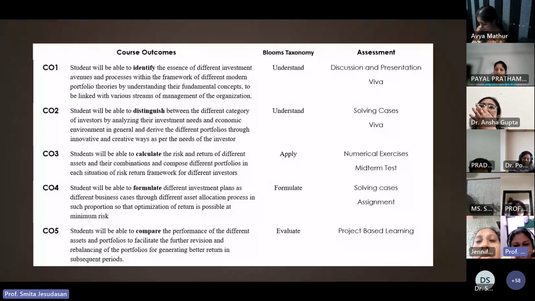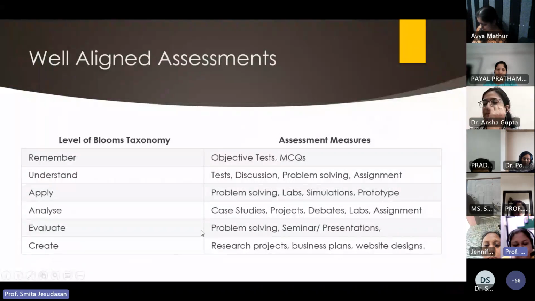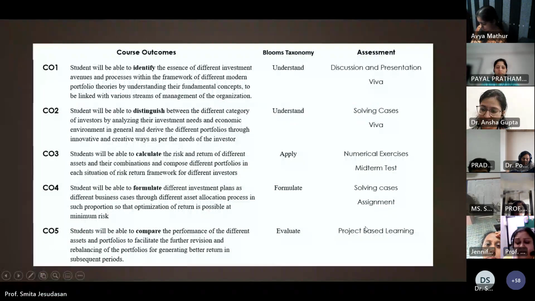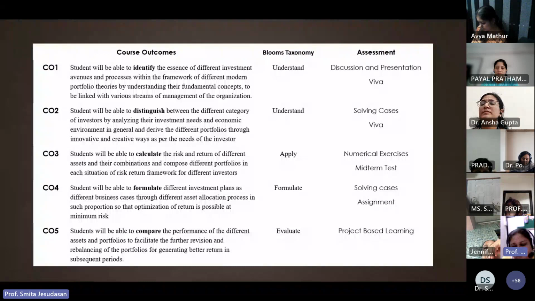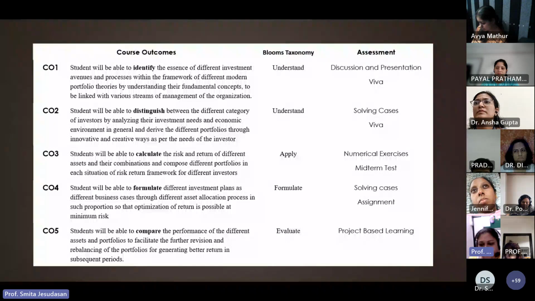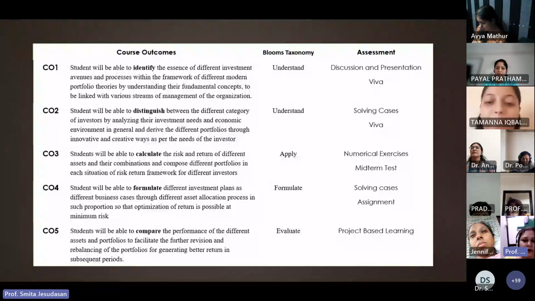Now if you compare it with evaluation, you have problem solving, you have seminars, you have presentations. Now this application of tools may vary from discipline to discipline. It may vary from program to program. So depending upon your judgment, you have to use an appropriate tool.